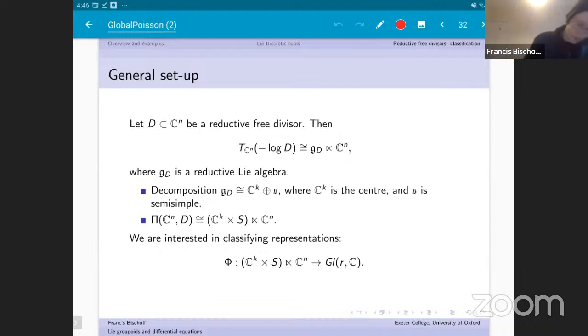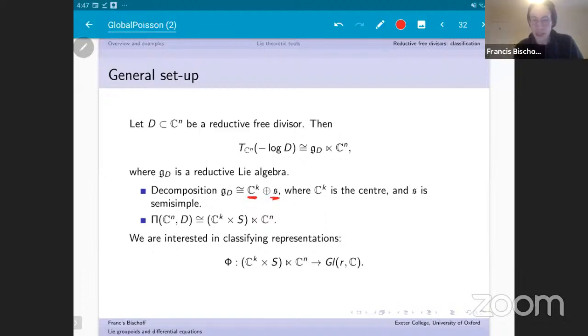So we have D inside of C^n, a reductive free divisor. Recall that in this case, the logarithmic tangent bundle is given by the action of a reductive Lie algebra, g_D. And this reductive Lie algebra can be decomposed into an abelian part, which is the center, and a semi-simple part.